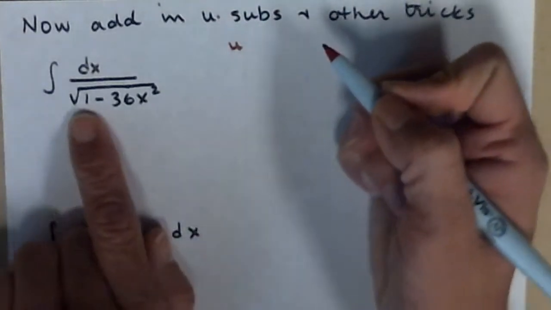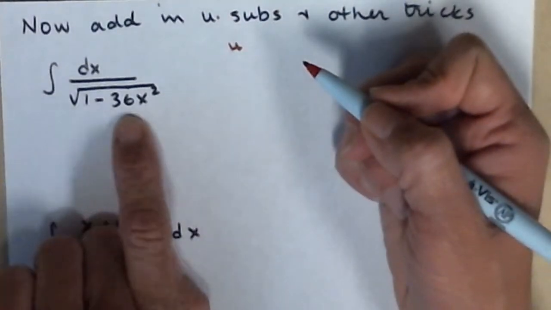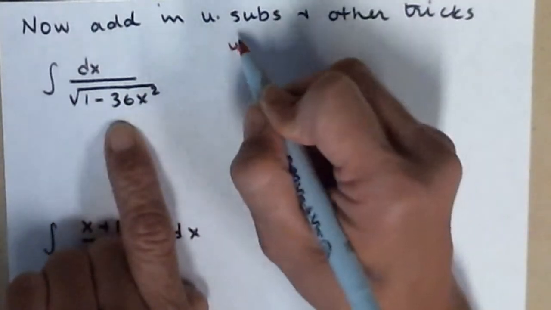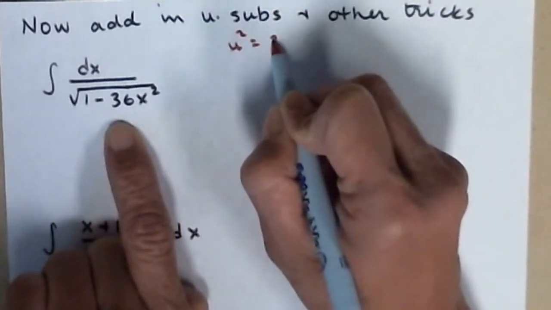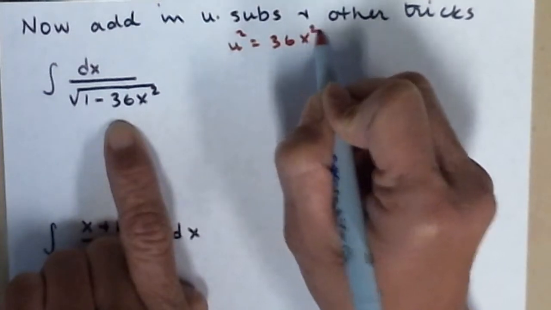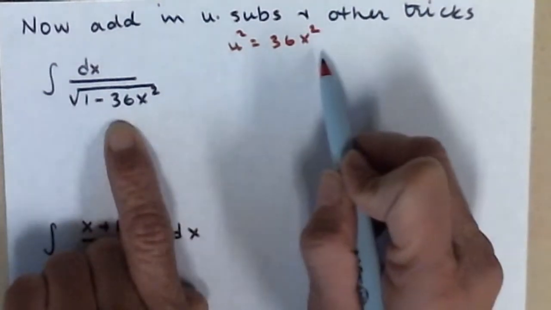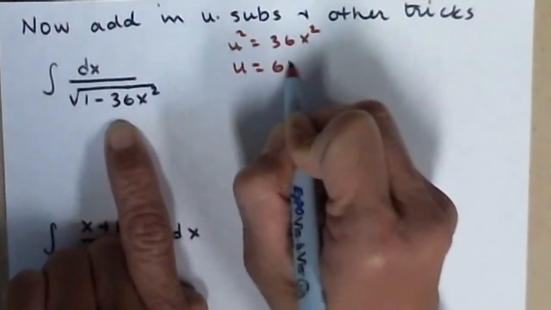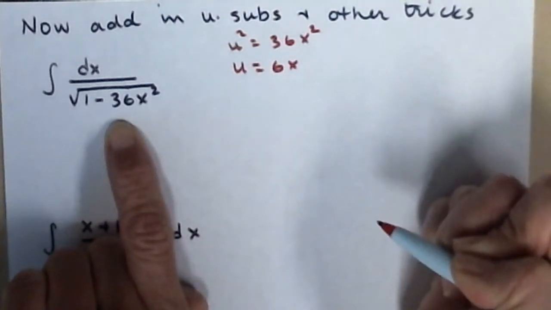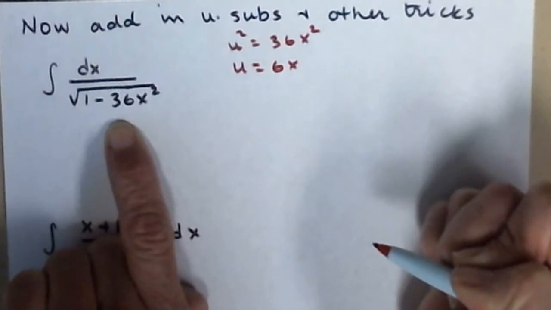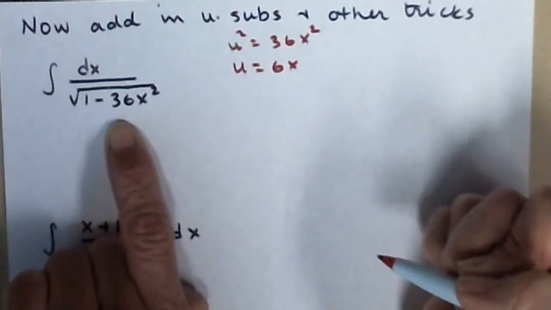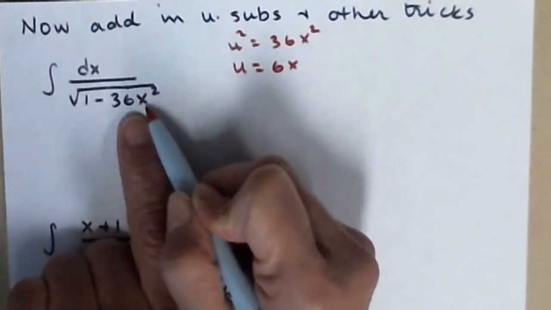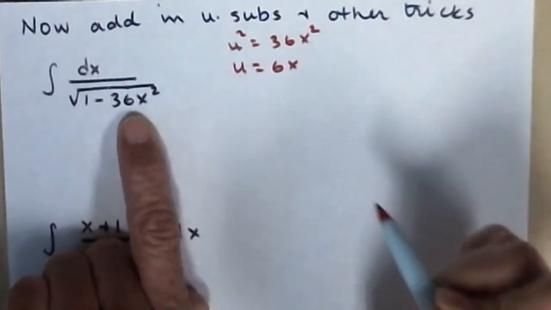And I really would like to have a radical of 1 minus u squared. So I need to rewrite this 36x squared to be u squared. So if u squared is 36x squared, that means u would be 6x. So I have 1 minus u squared for the bottom.